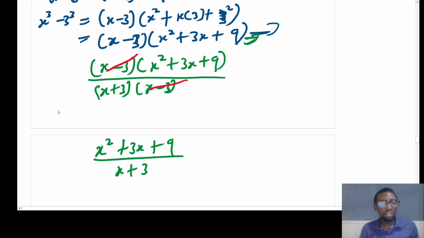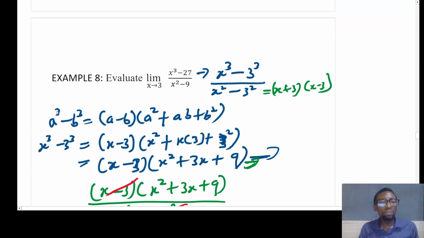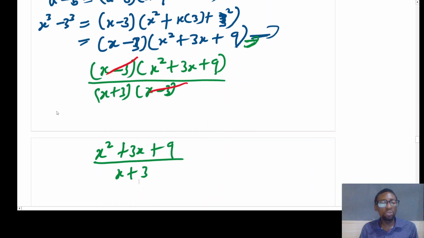Can I factorize this? I don't think so. There's no sum of plus 9 and product of plus 3, so leave it like that. Our limit value is x tends to 3, so let's substitute.